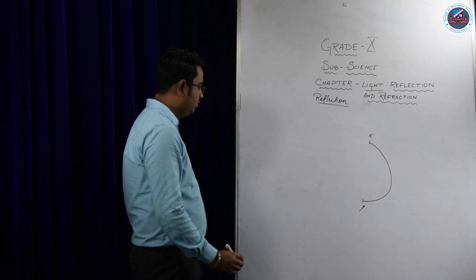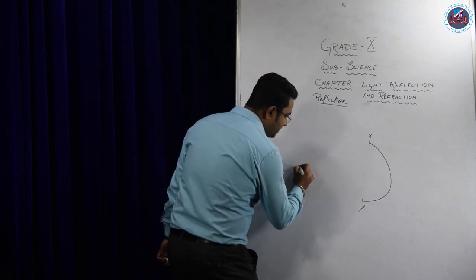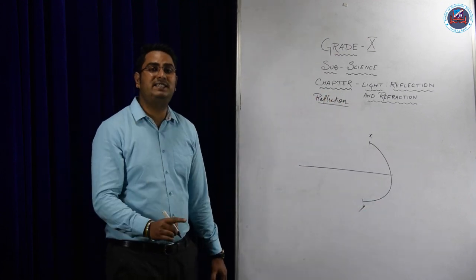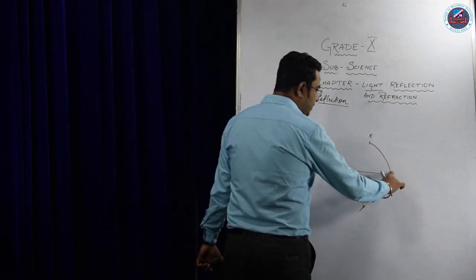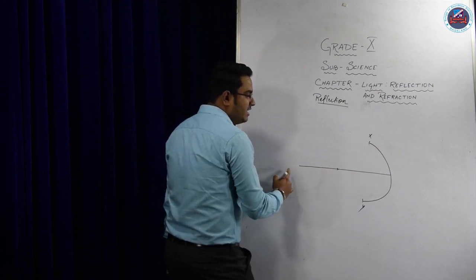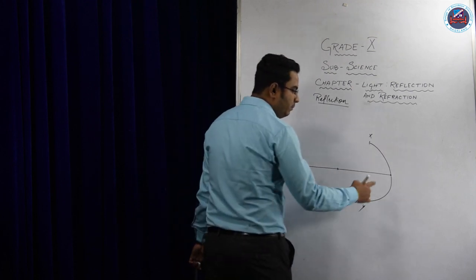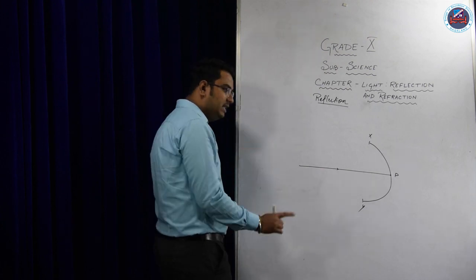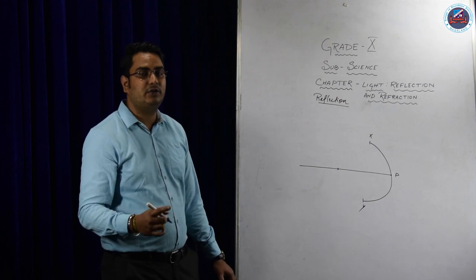Now let's say an imaginary ray came and strikes the surface of the mirror in such a way that it bisects the mirror into two equal halves. Let's say this is a ray of light which came and strikes the surface of the mirror XY somewhere at point P. I am saying that this ray of light has bisected, not intersected, you have to keep that in mind.